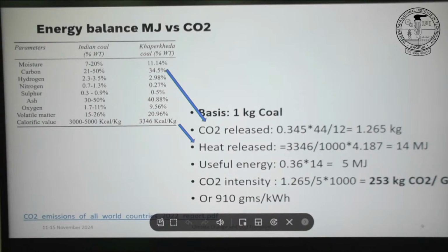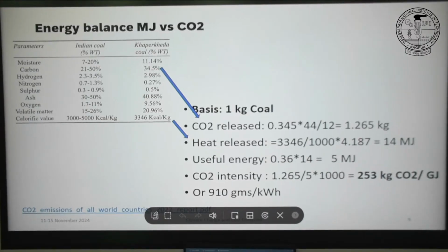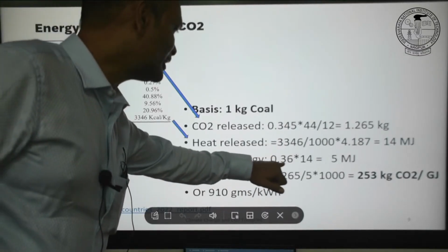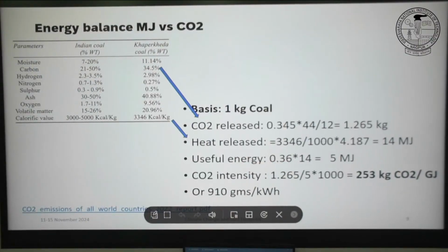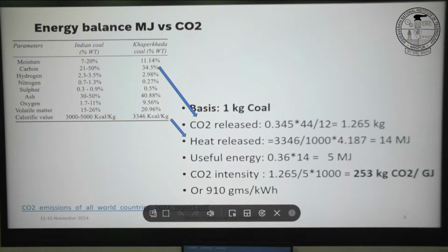Let's take the second one, it's 34% carbon. And if you remember from your stoichiometry classes, calculate back how much CO2 is released from 1 kg of coal and how much heat will be released from 1 kg of coal. And probably you could see 0.36 here. Can somebody tell what this 0.36 should be or could be?